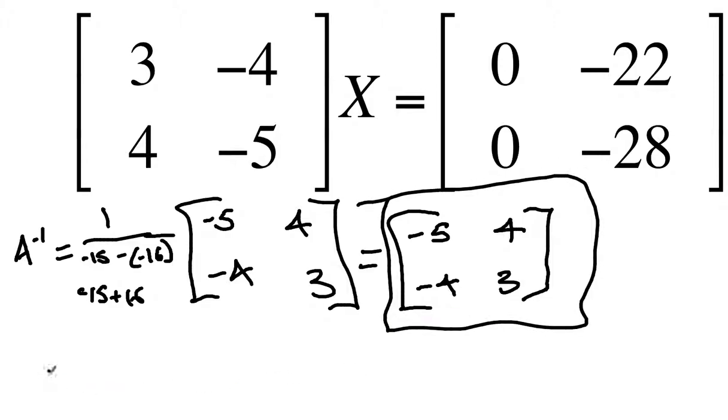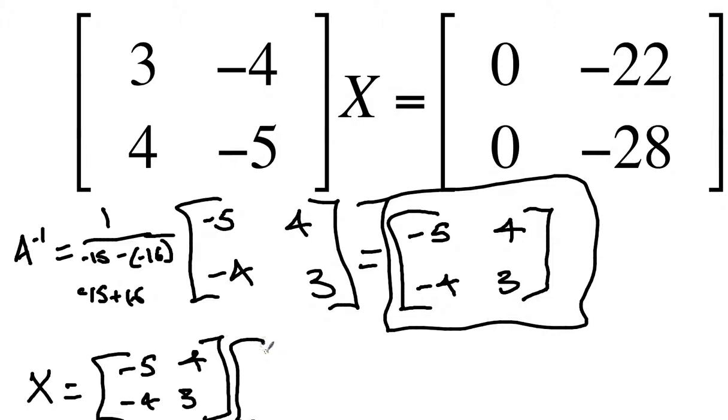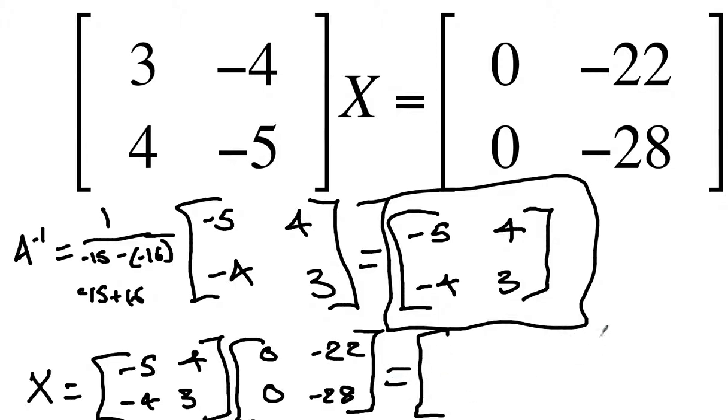So to solve for x, x is equal to A inverse, which we found, times b. And b is 0, -22, 0, -28. So if we multiply this out, let me go ahead and write it like this. Row 1 times column 1 is going to give me 0. -5 times 0 plus 4 times 0 is 0 plus 0.